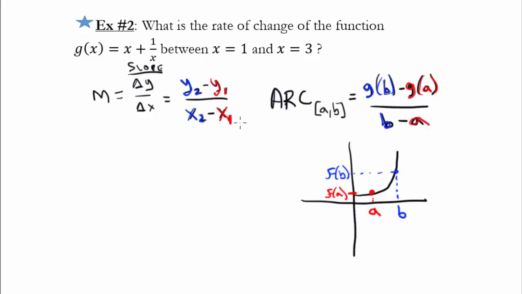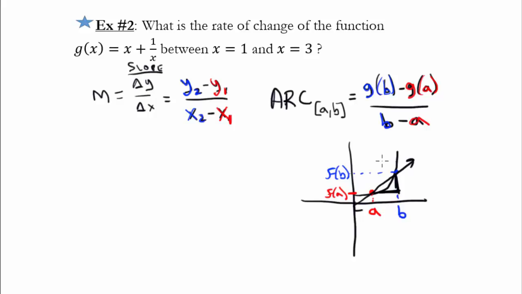This is the same thing as y2 and x2, right? And so we say, what's the slope here? Which is, again, the average rate of change is nothing more than slope. What's the slope of this line? You can reason that it's the same idea as slope. F of b minus f of a, change in y, over b minus a, right? Change in y over change in x. Okay, so very same idea.